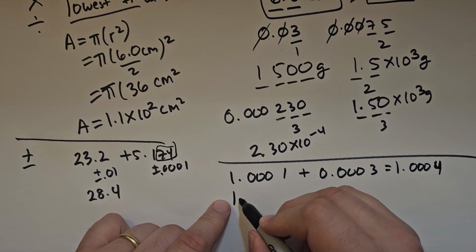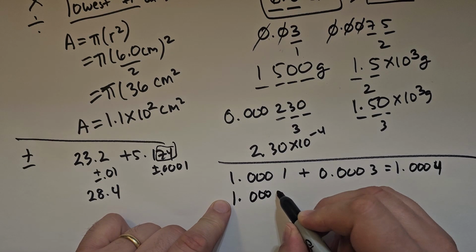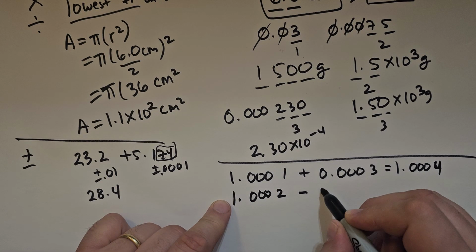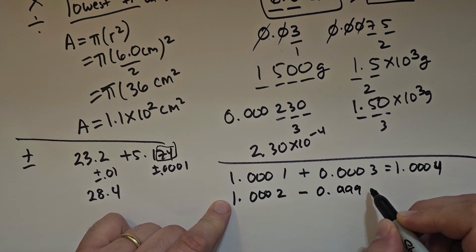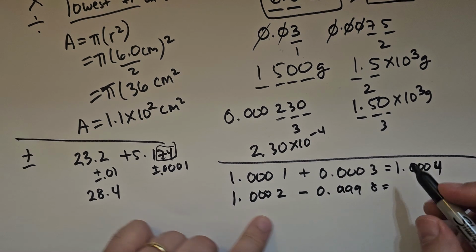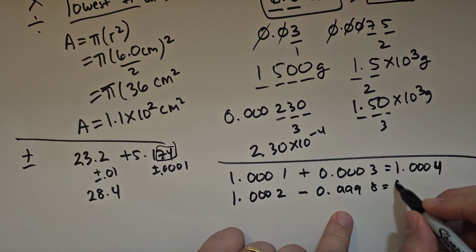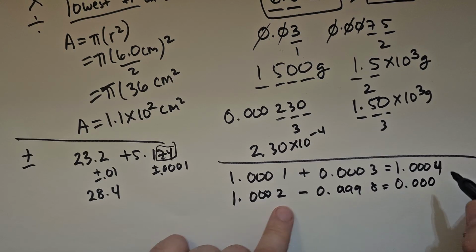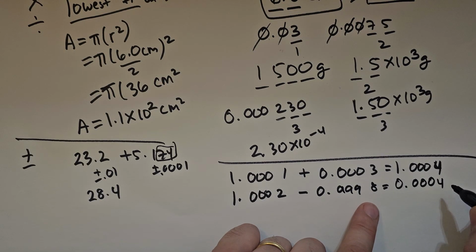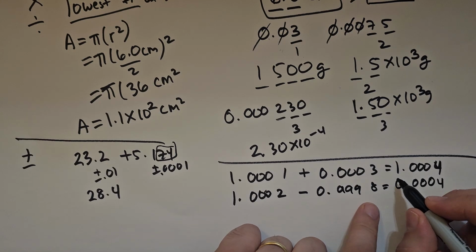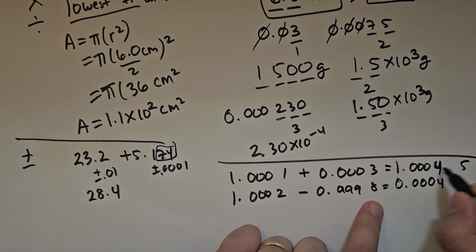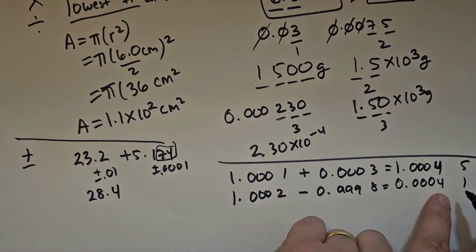Okay, but if we had 1.002 minus 0.9998, right? That's going to be 0.000, what is it, 4? I think that's correct. Yeah. So this number has 5 significant figures up here, but this number only has 1 significant figure.